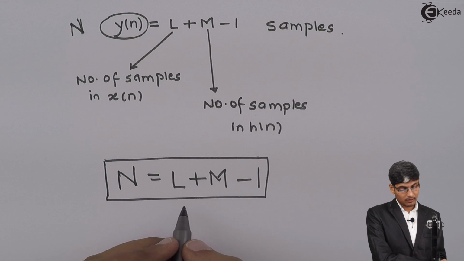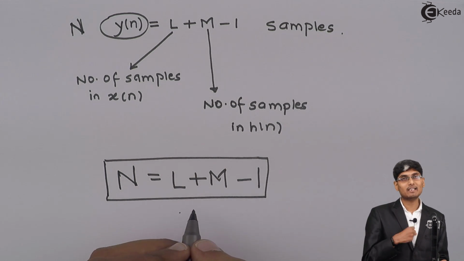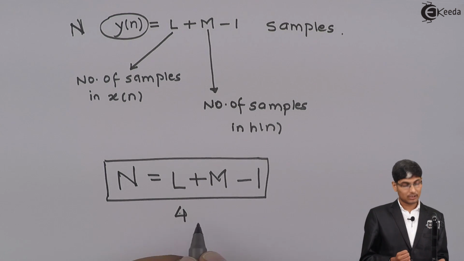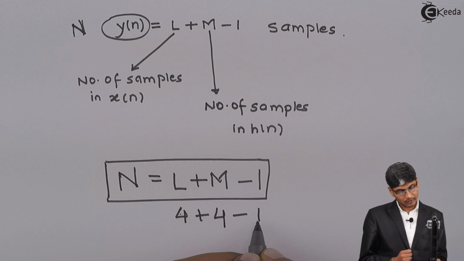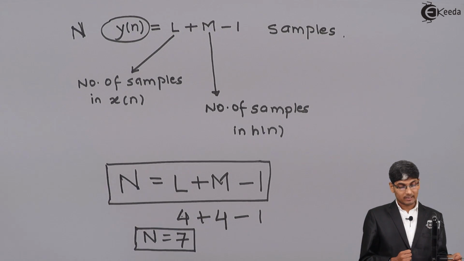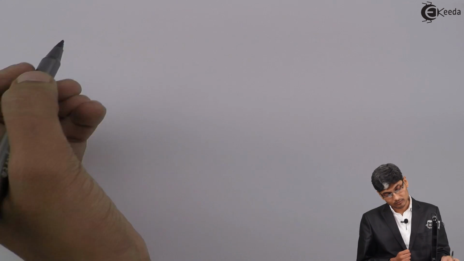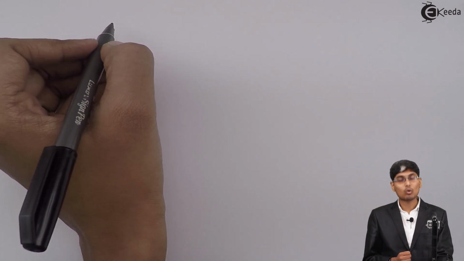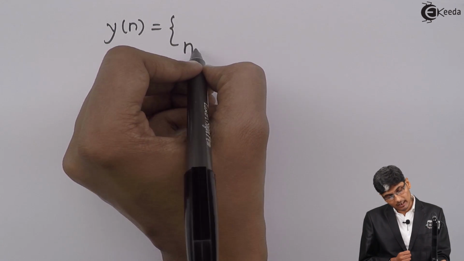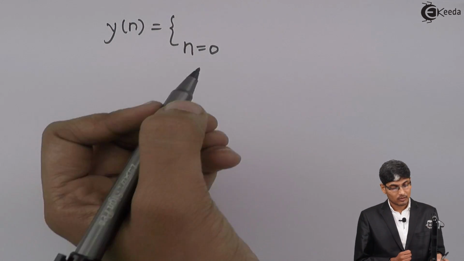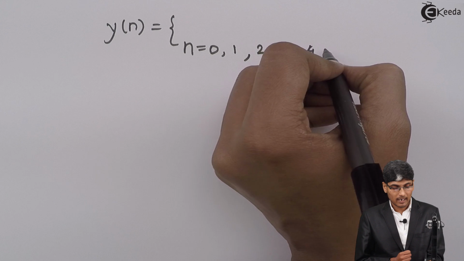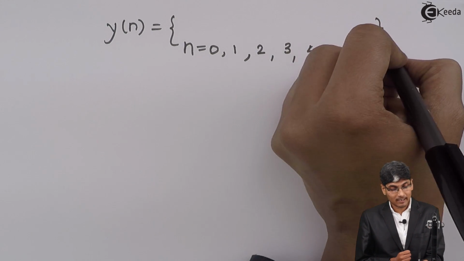So with the previous example where my x of n was having values 1, 2, 3, 4, that means 4 samples, h of n was 4, 4, 3, 2, which is also 4 samples, minus 1 will give N is equal to 7. Okay. With this in mind, when N is equal to 7, we started y of n with 0. So y of n will have first sample at n is equal to 0, then at n is equal to 1, 2, 3, 4 and so on till 6 and not 7.